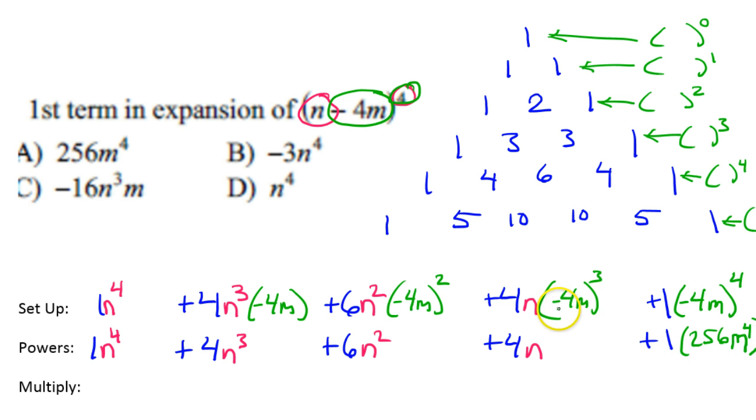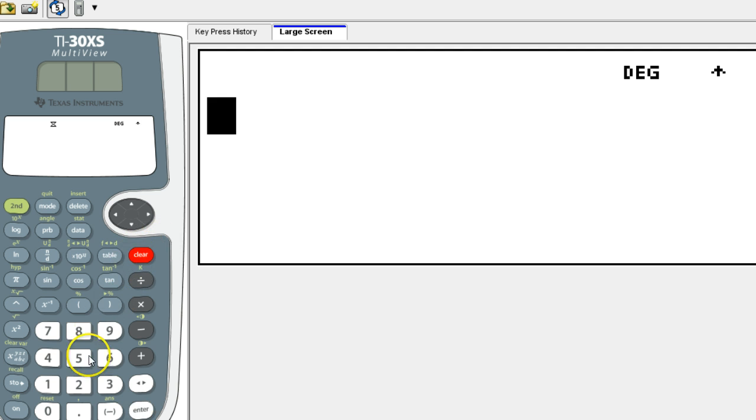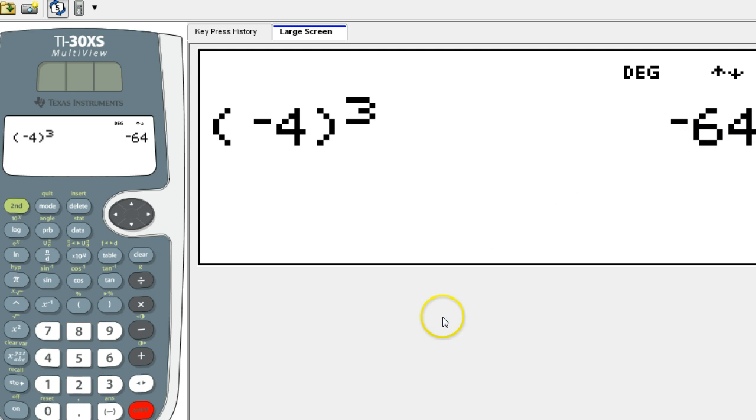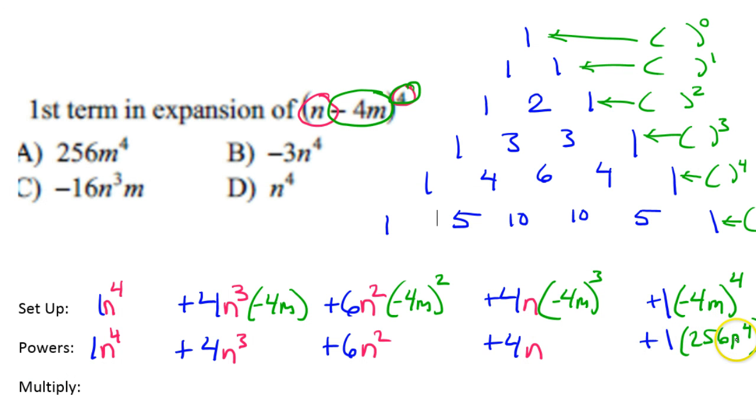Now over here, negative 4 to the third power is going to be negative 64. Now notice when I do an odd power, negative things stay negative. So negative 4 to the third power, you'll see, is negative 64. And my m keeps going away.